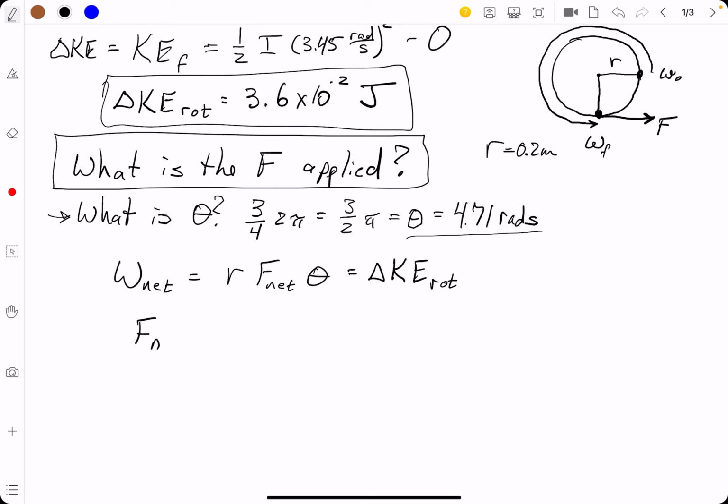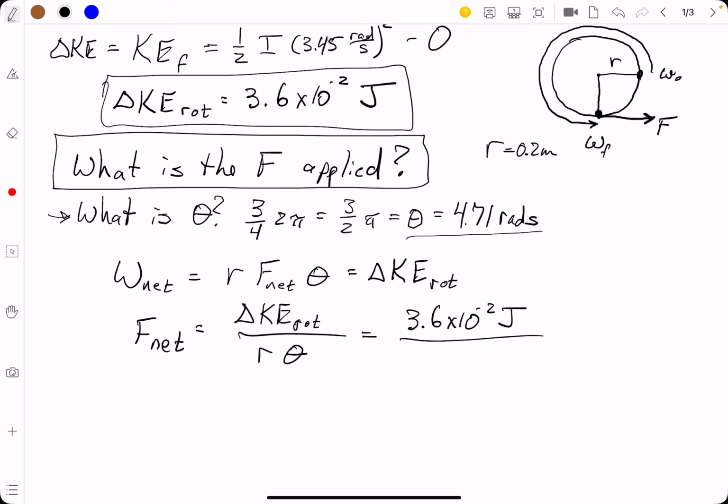So my force net is equal to my delta KE rotational divided by my R theta. And I can put those numbers in, 3.6 times 10 to the minus 2 joules, and we're going to divide by 0.2 times 4.71.